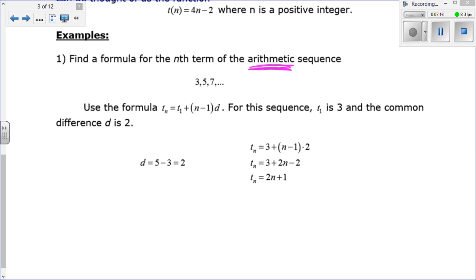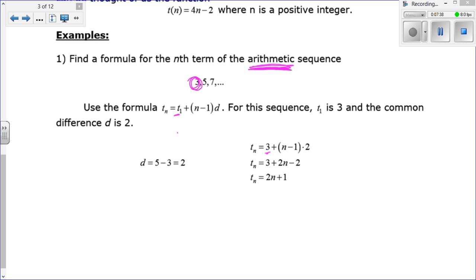Use the formula t sub n equals t sub 1 plus n minus 1 times d. For this sequence, t sub 1 is 3 because that's my first term. Okay, t sub 1, 3, plus n minus 1 times d. The common difference is 5 minus 3 is 2.